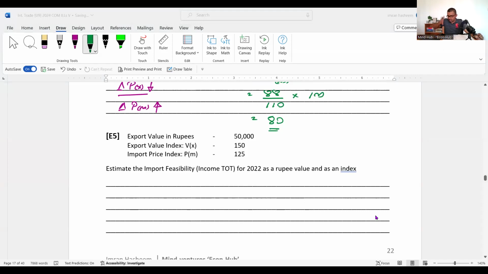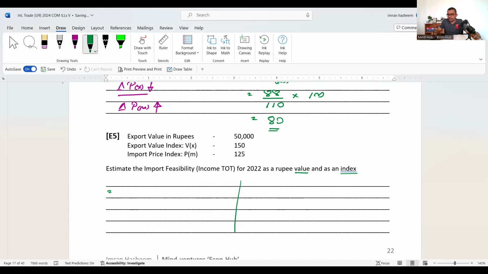E5, you guys have to divide the space and quickly tackle this because you don't have space in the next part. Okay. First, I want the answer as a value. Then I want the answer as an index. So when you estimate as a value, what you do is you take the export value index, right?